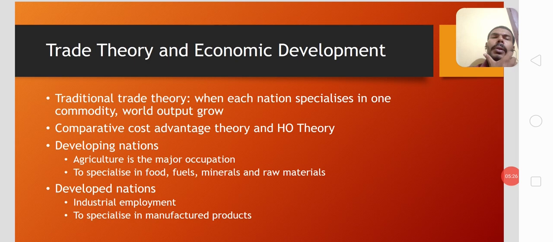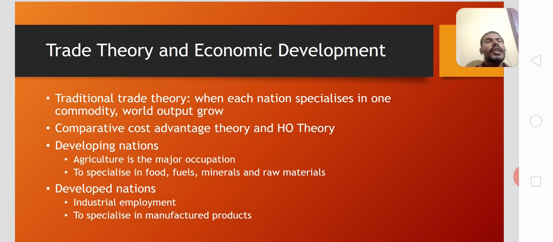Anyhow, developing nations as labor abundant nations will focus on the production and export of primary commodities or agricultural commodities, since those sectors are highly labor intensive. At the same time, developed nations are capital rich nations.